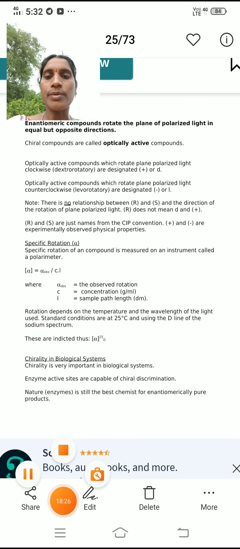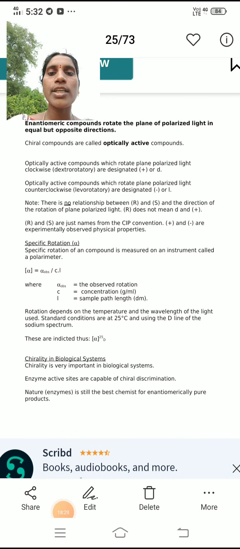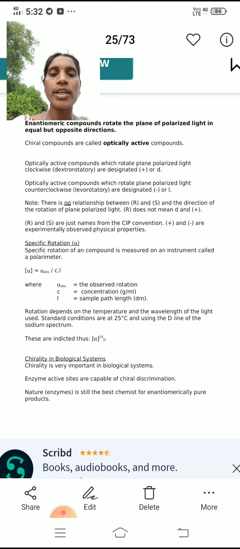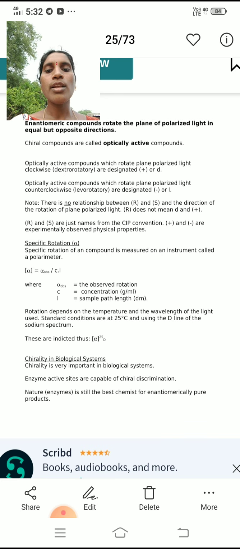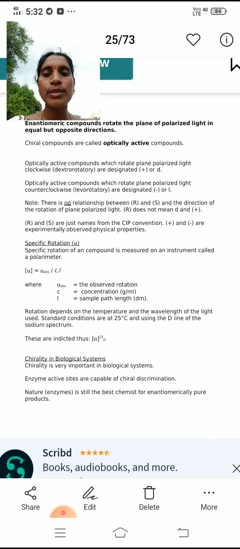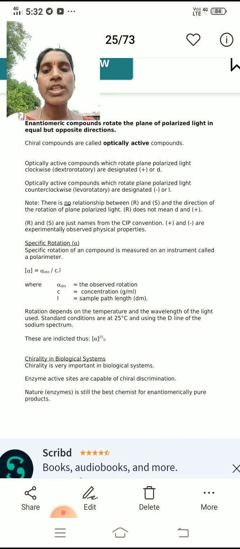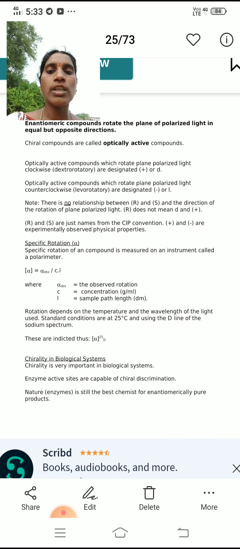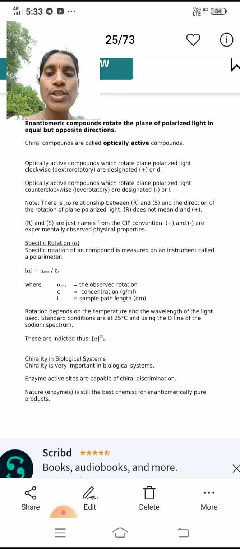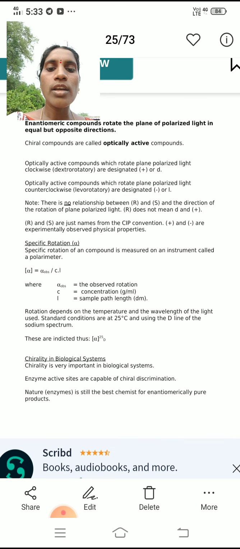Specific rotation is indicated with the letter alpha. The specific rotation of a compound is measured on an instrument called a polarimeter. The formula for specific rotation is the observed optical rotation divided by the concentration times the path length.